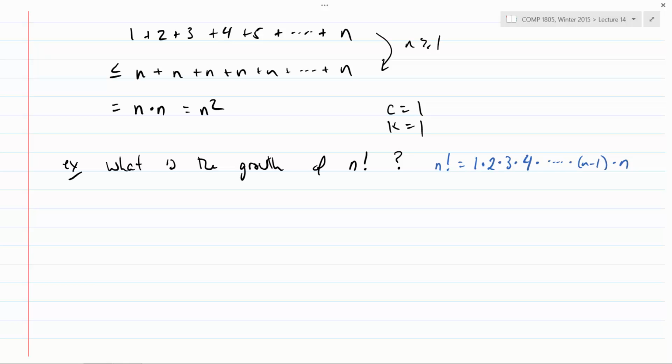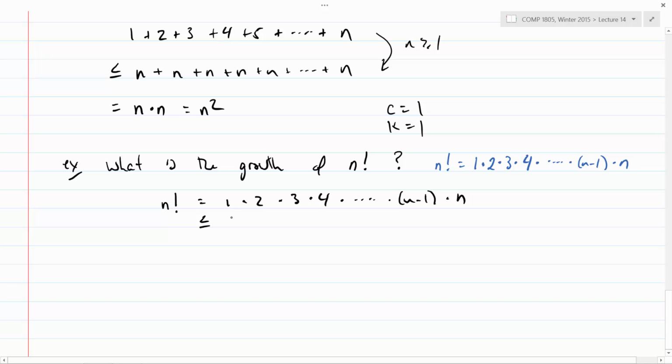Well, it's definitely big O of n times n times n all the way up to n to the n. We do the exact same trick we did in the last one, except instead of sum, it's product. So n factorial is 1 times 2 times 3 times 4 times all the way up to n minus 1 times n.